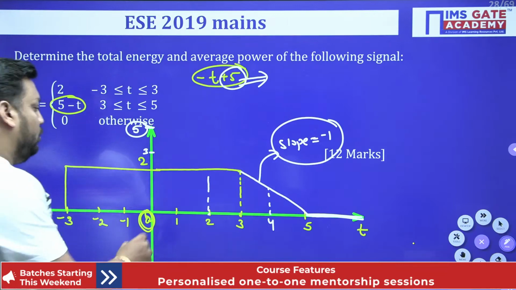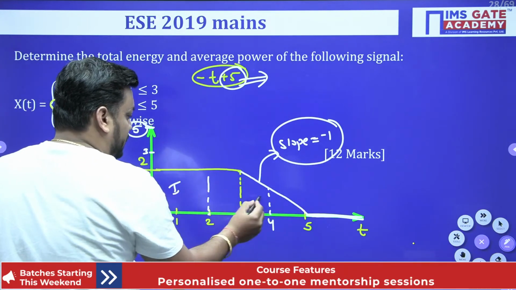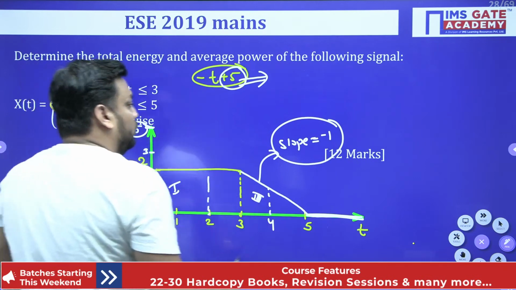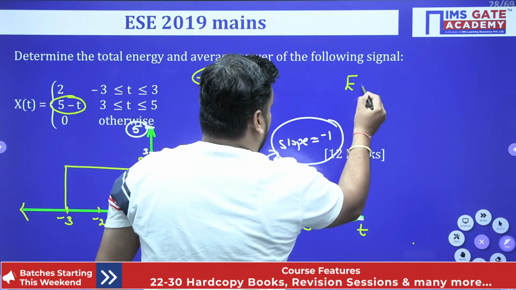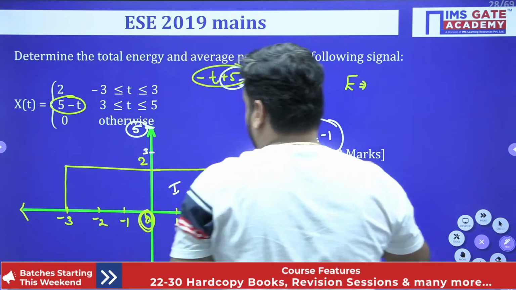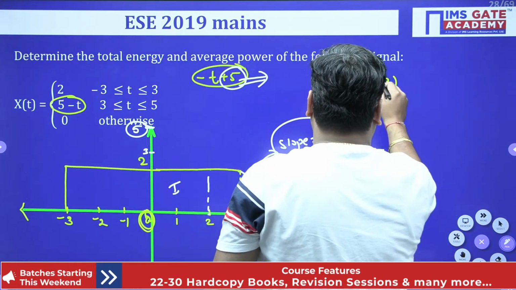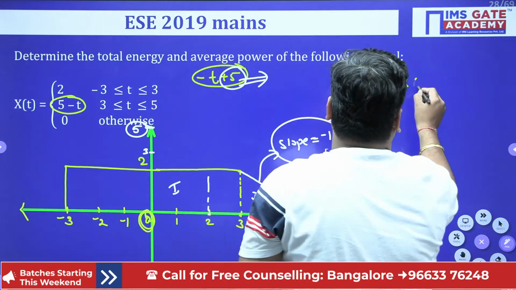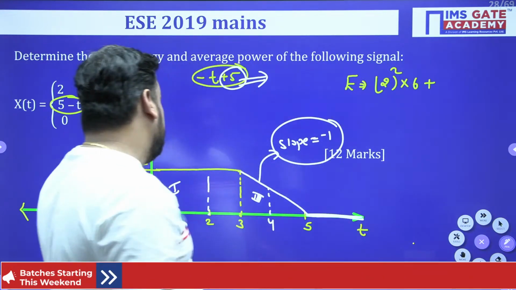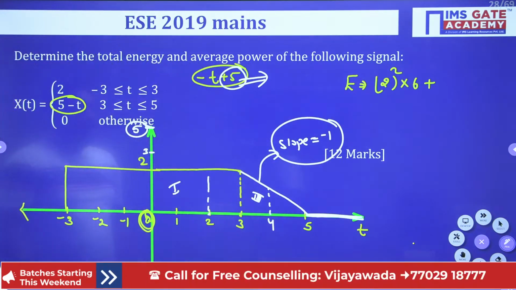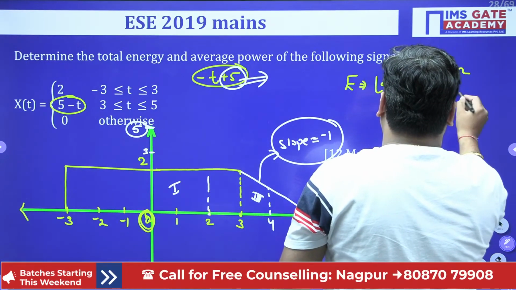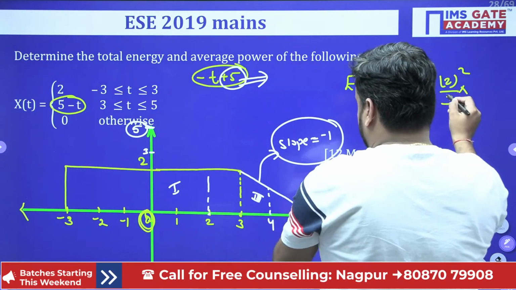So what we can do, sir, we can convert into the first region and second region. The first region energy, rectangular pulse, is A square into B. A square means the magnitude is 2. So 2 whole square into the distance from minus 3 to plus 3, which is 6. And plus again A square by 3 into B, and B is nothing but 3 to 5, which is 2 distance.